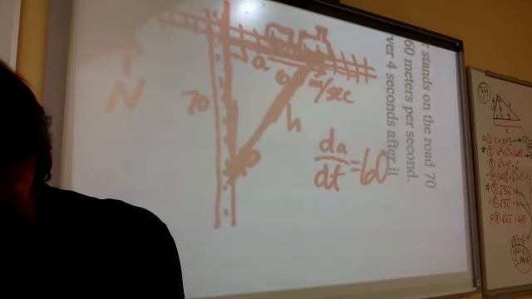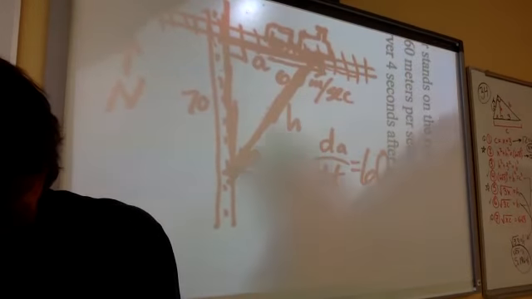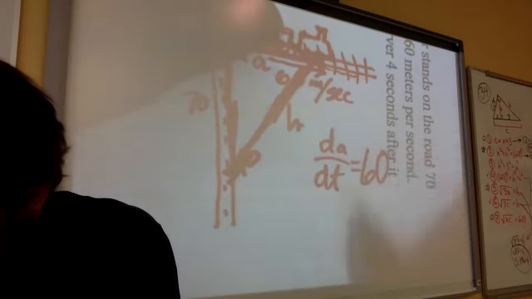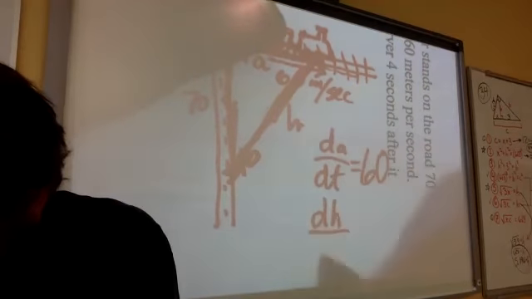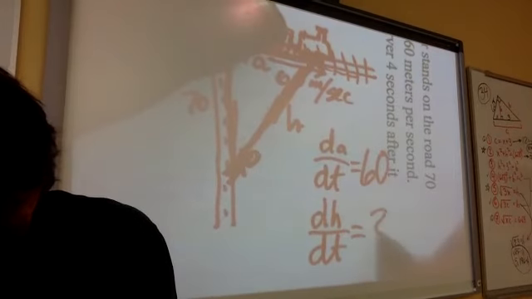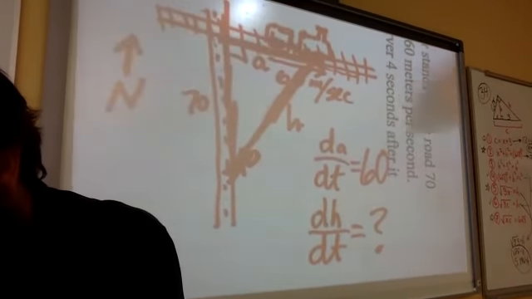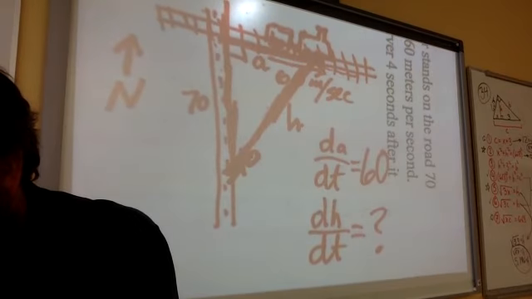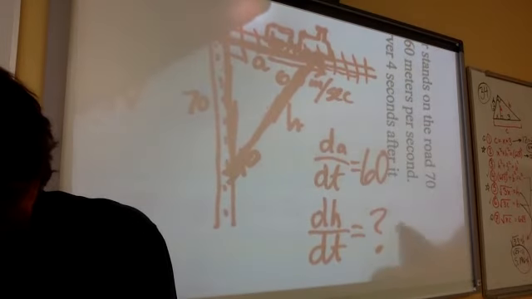At how many meters per second is the train moving away from the observer? Well, away from the observer, that's H. So it's asking at what rate is H changing 4 seconds after it passes through the intersection, at T equals 4.